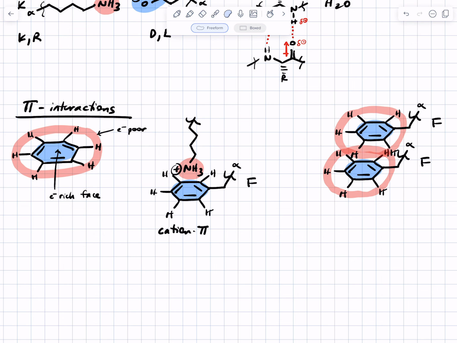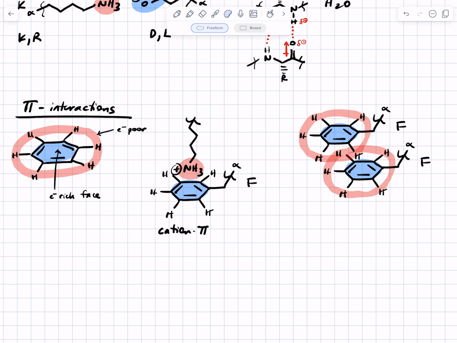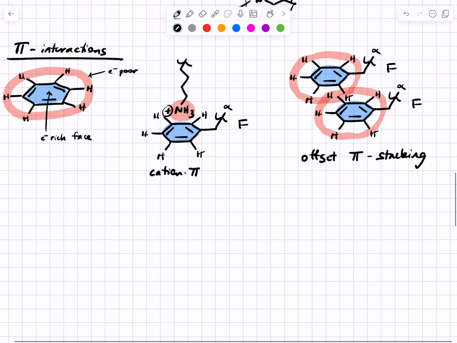So what you tend to see is something like this, which we would call an offset. We would call this offset pi stacking. And in offset pi stacking, the rings are sort of parallel to each other but shifted so that the electron-rich face of one hovers over the electron-poor edge of the other. You tend to see this.